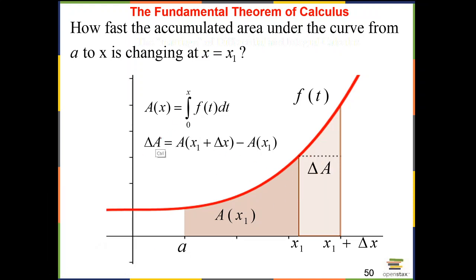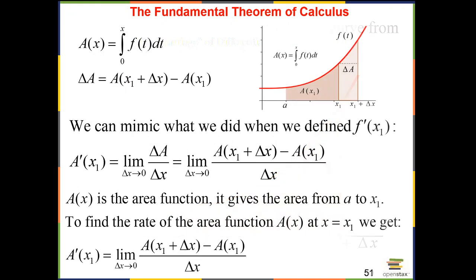Now, what is A prime? Well, we know the derivative of a function is given by the limit of delta A over delta x. Delta A is like delta f, or delta y, right? Or function values.